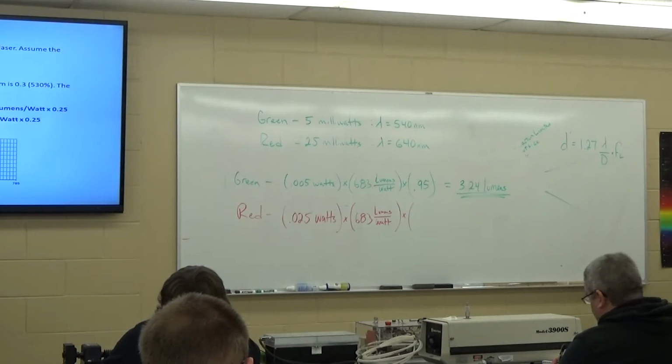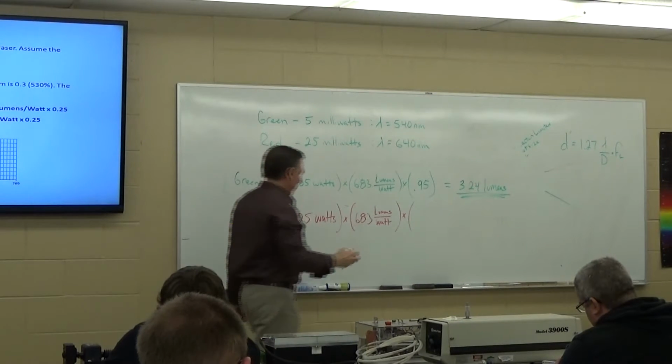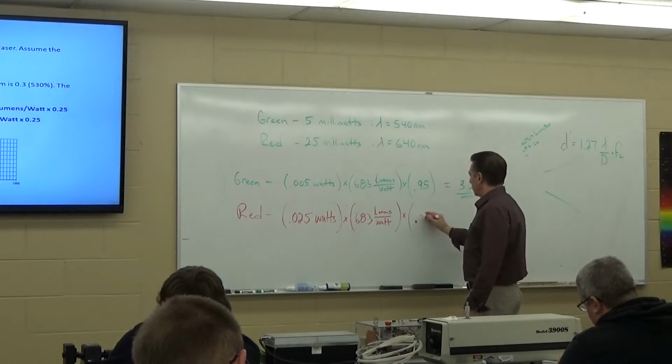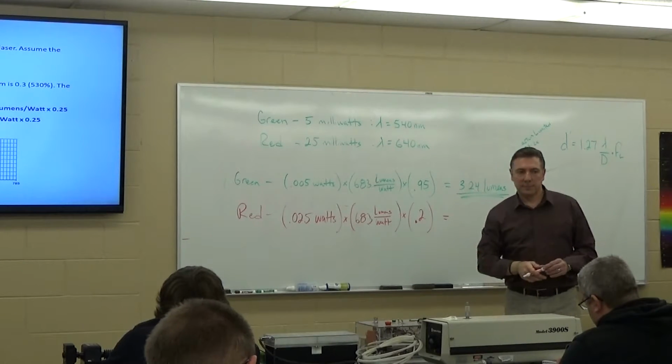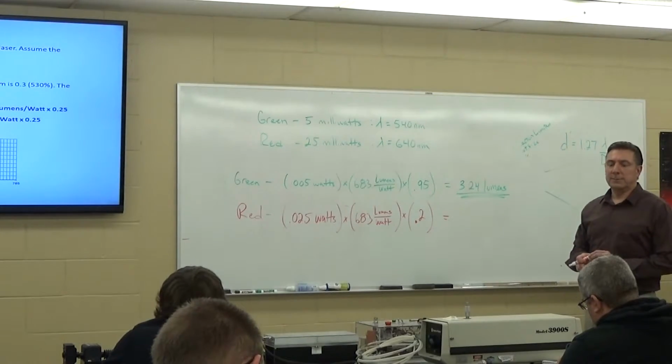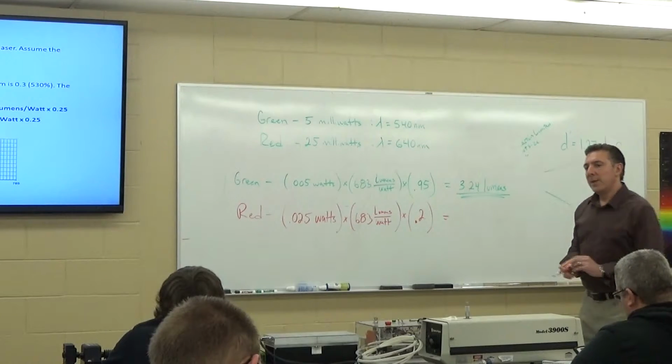We're at 640 nanometers, so let's see exactly. That's 630, 640 is right here. Looks like it crosses just about at 0.2. So throw it in there, 0.2. How many lumens is the red? Crank that out. 3.42?